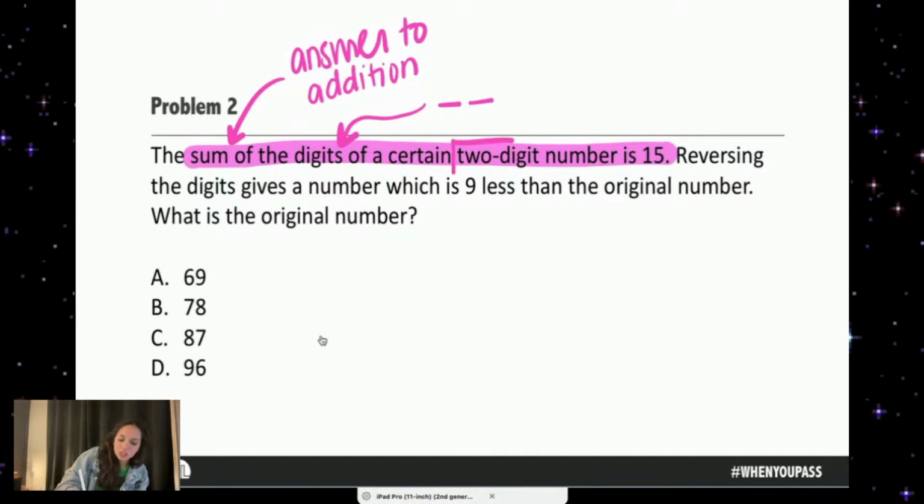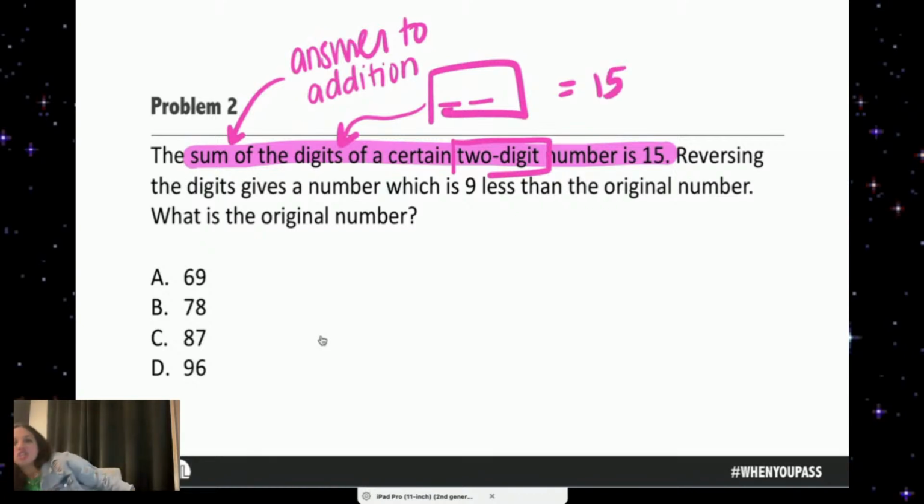We're looking at a 2-digit number, and when I add those digits up, it's going to equal 15. So I am going to go ahead and look at my answer choices, because in this kind of situation, using my answer choices is going to help me the most.